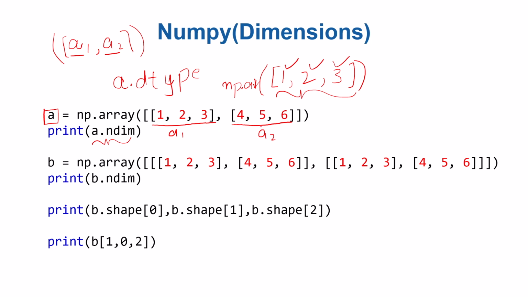First of all, we have to locate whether we are going to talk about A1 or A2. We need one index for that. Let's say this whole array is A. 0 means the first one, A1. Now inside A1, which element? This is the 0th element, this is the first element, this is the second element. Let's say we want to access the first element.